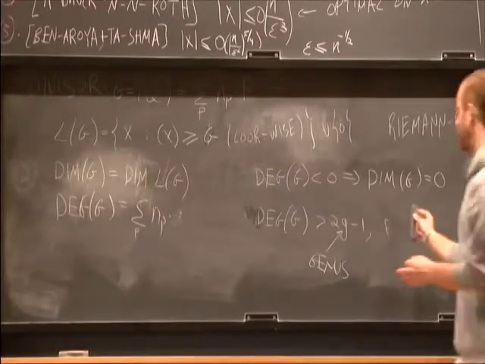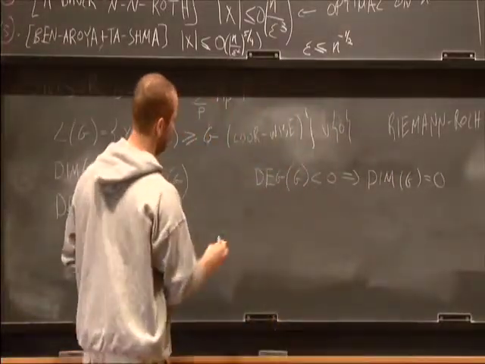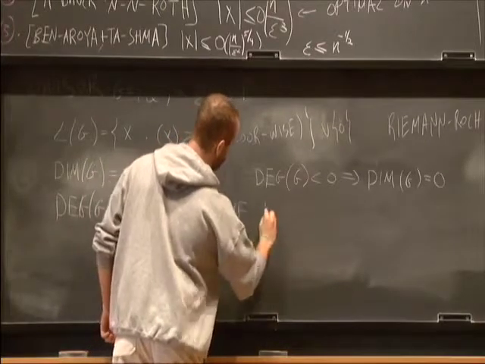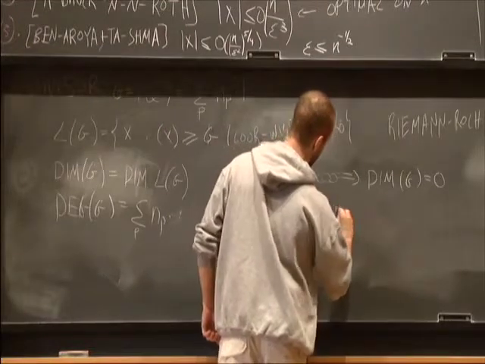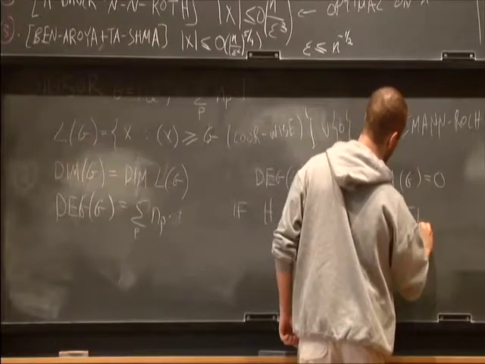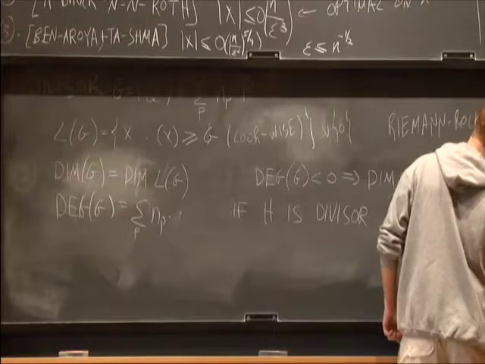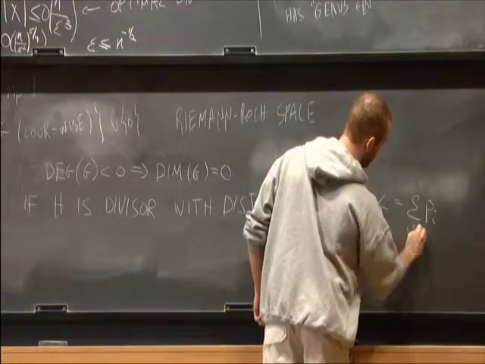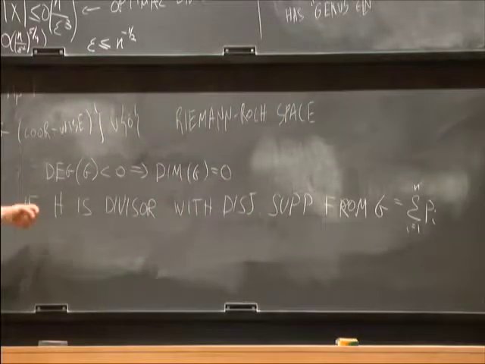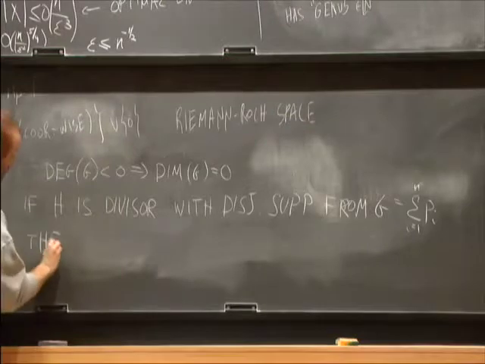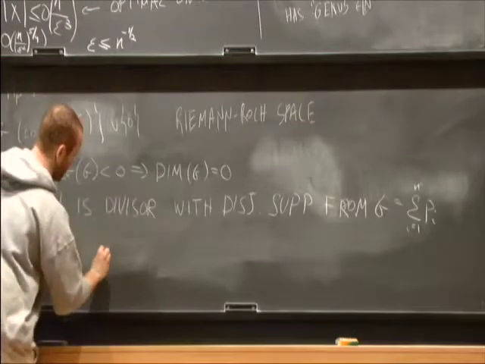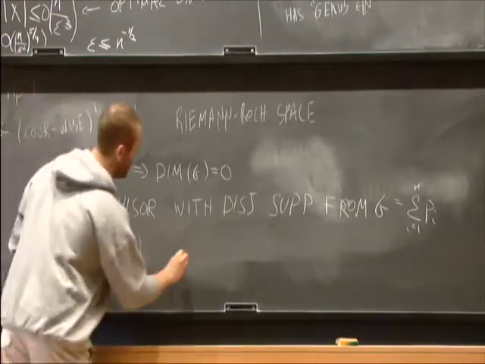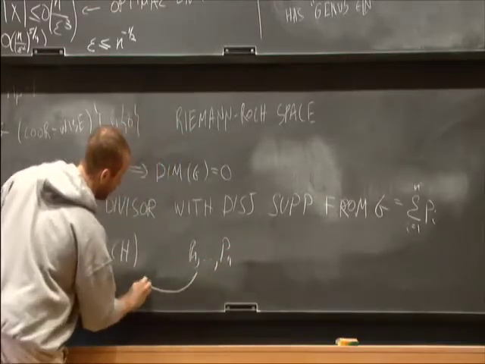Specifically, I don't know how to write this formally, but if H is a divisor with support disjoint from G, so we choose these endpoints in a variety, and we choose some divisor whose support is not in these points, then the good polynomials, L of H, G, P1 to Pn, contain information about this.